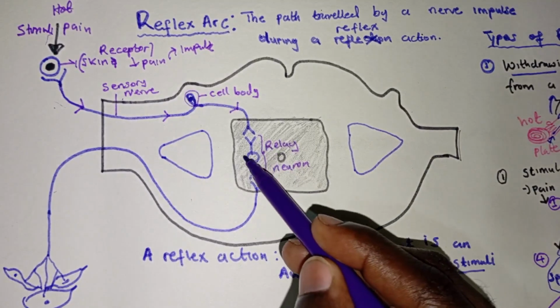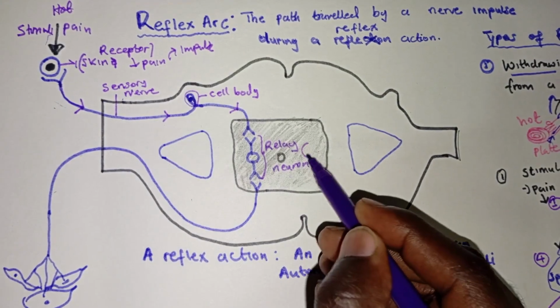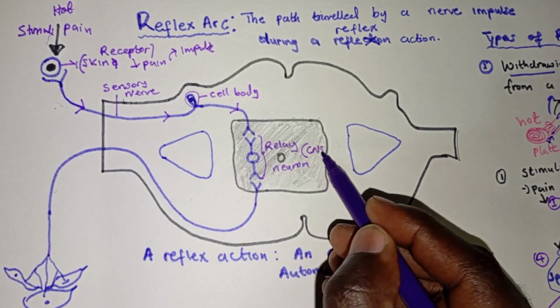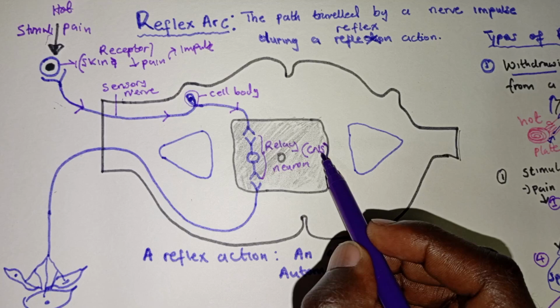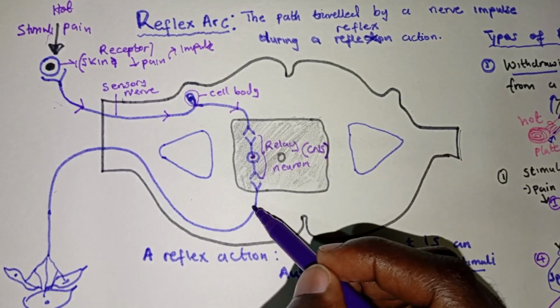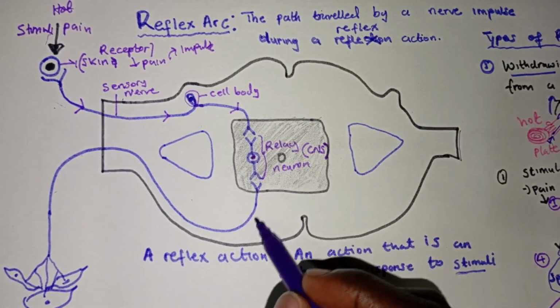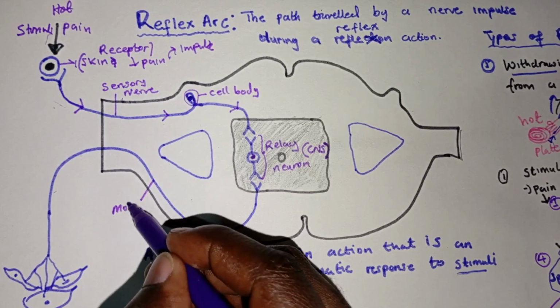This is where the information becomes integrated. It is found in the CNS, the spinal cord or the brain. It has a cell body here as well, and the information comes out like that. This we call the motor neuron.